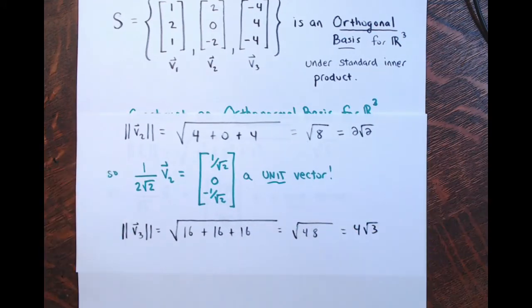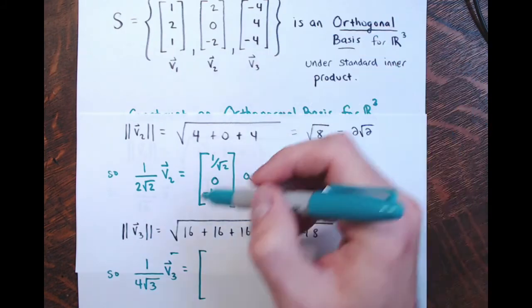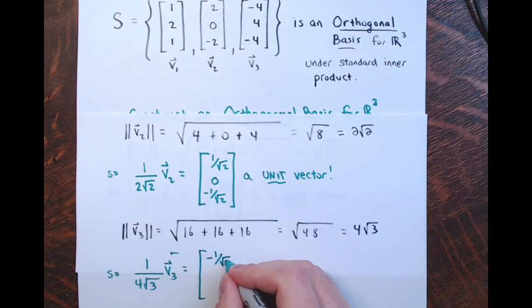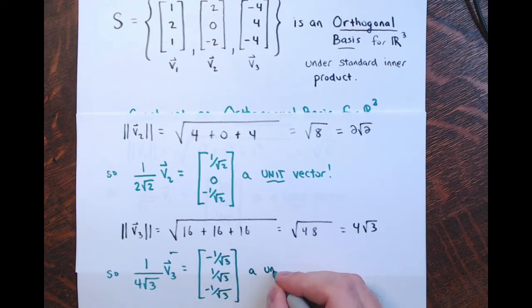So if I multiply v3 by the reciprocal of its norm, 1 over 4 root 3, times v3 would be the following. Now you see how the 4's would cancel in all these? You just have negative 1 over root 3, positive 1 over root 3, and negative 1 over root 3. And there you go. This vector here would be a unit vector. And again, you can check all this. Make sure all these vectors I'm saying are unit vectors actually have a norm of 1.